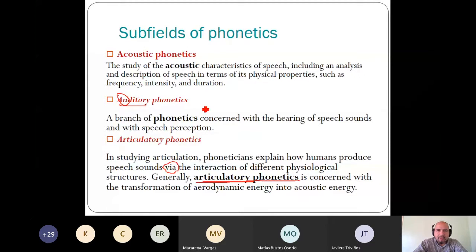Any word that you're not able to pronounce, like phoneticians, write it down in your notebook or keep a file. For instance, aerodynamic. That's also another word that might be interesting to discuss.